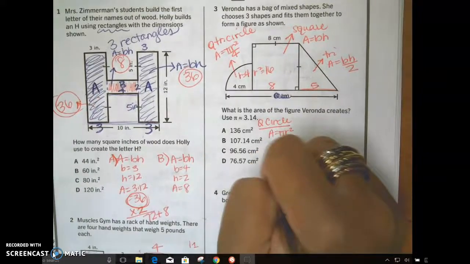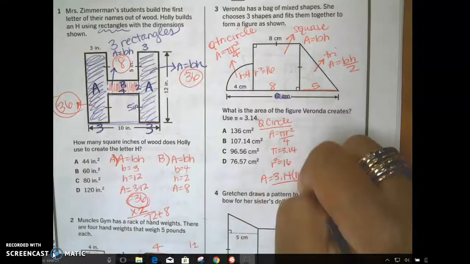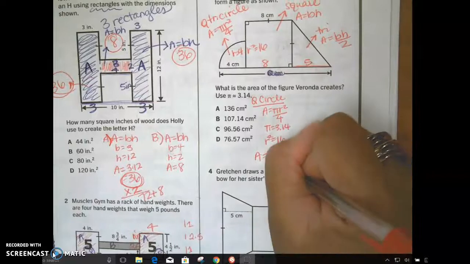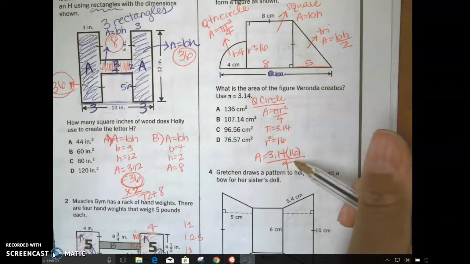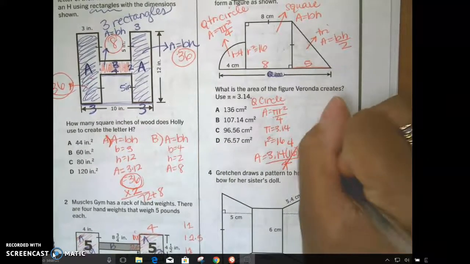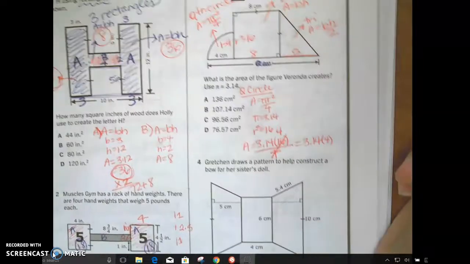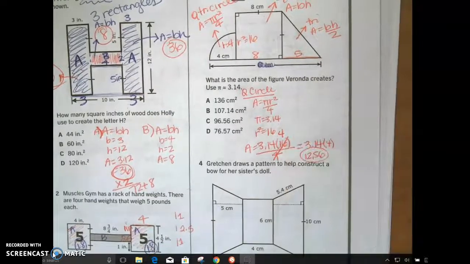Area equals 3.14 times 16 divided by 4. How can I simplify this? Cross this out, make it a 4. What's 3.14 times 4? 12.56.